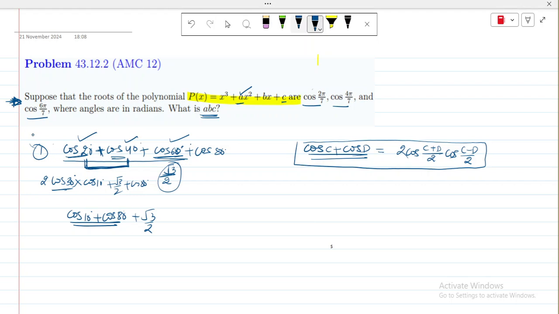Okay. Suppose you have cos 20 multiply cos 40 multiply cos 60 multiply cos 80. So in this question, what will you be applying?